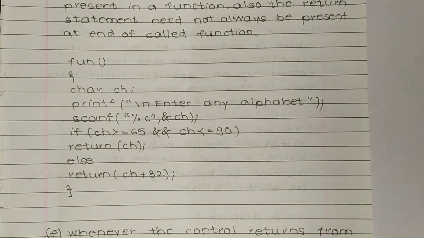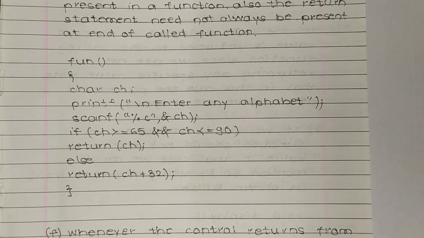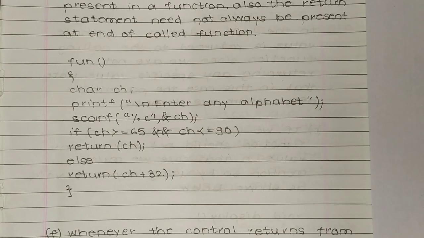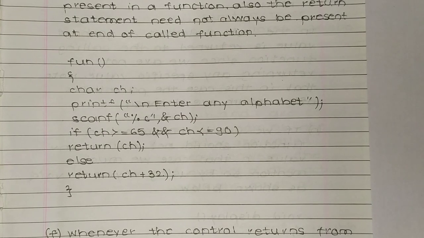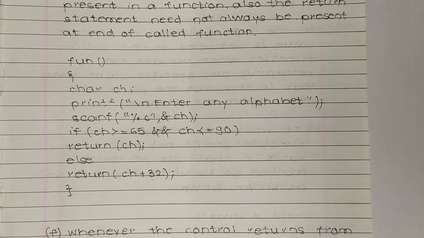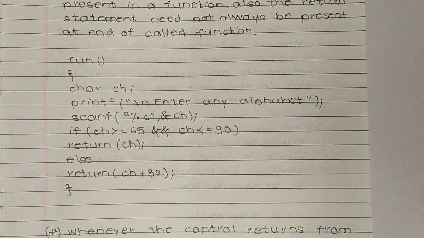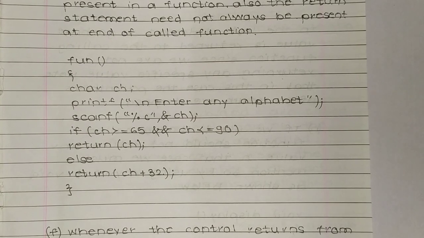Return ch, that means return to the first function, to where the function has started, we have to return to that value. Else return ch plus 32. That means character plus 32, that means we are adding 32 to this character.